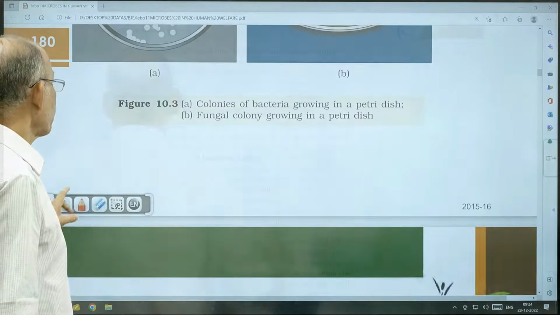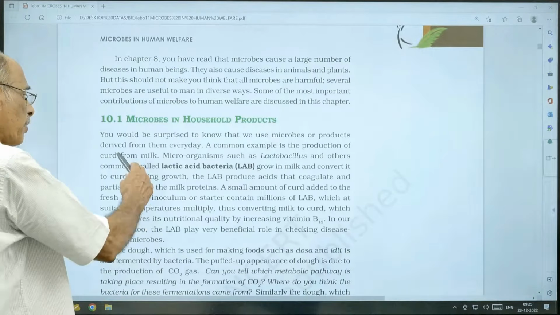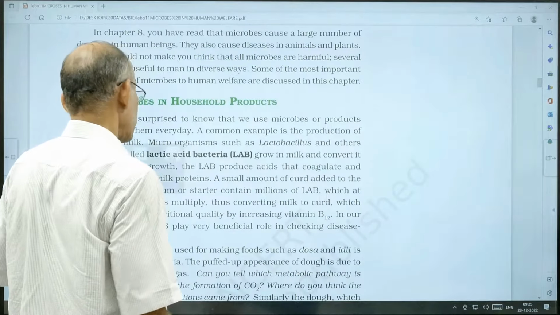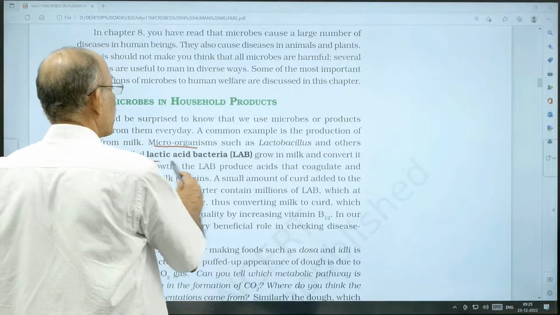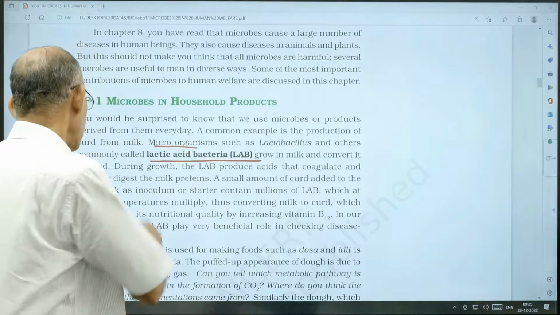Now, microbes as household products. As household products, microbes have been used from time immemorial. A common example is lactic acid bacteria, which converts milk into curd.